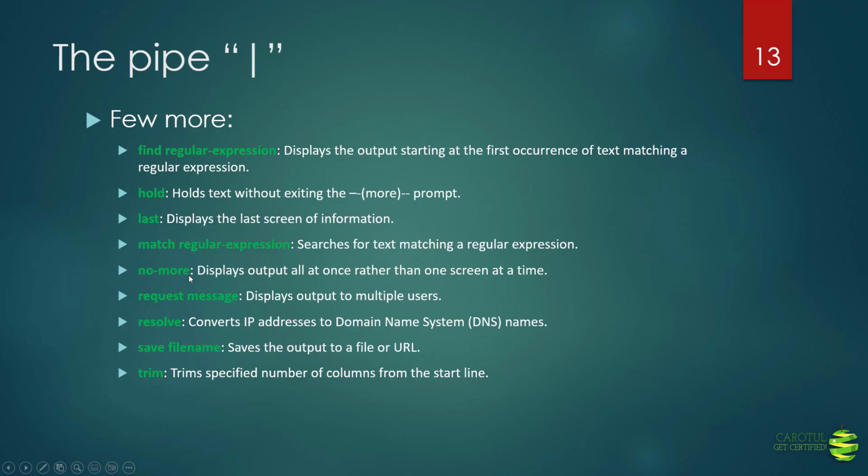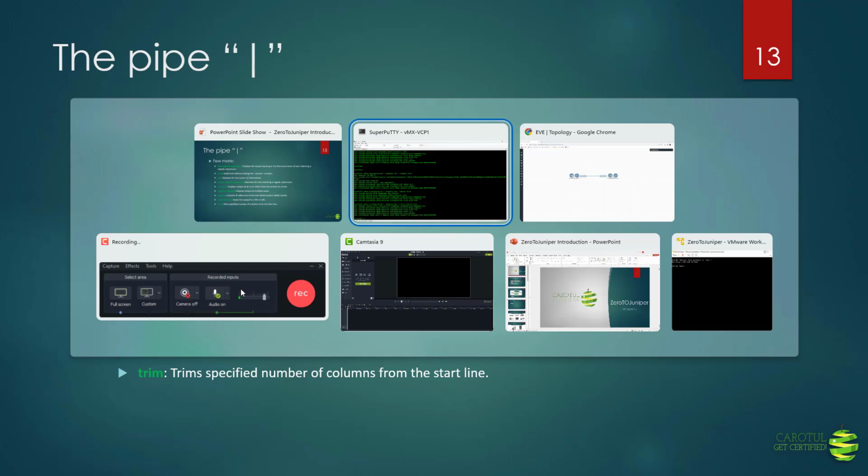No more: if it's a lot of configuration, what happens is that by default Junos shows you the output one page at a time. So you can press the space bar or enter to see more. But if you want to see the complete output without stopping, you can use the keyword no-more. And the output can also be saved to a file using the command save filename.